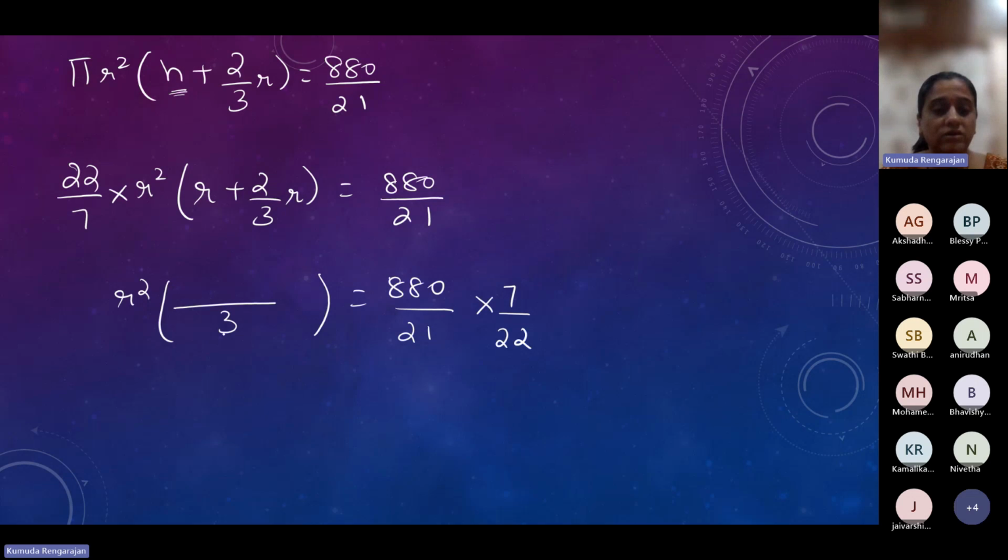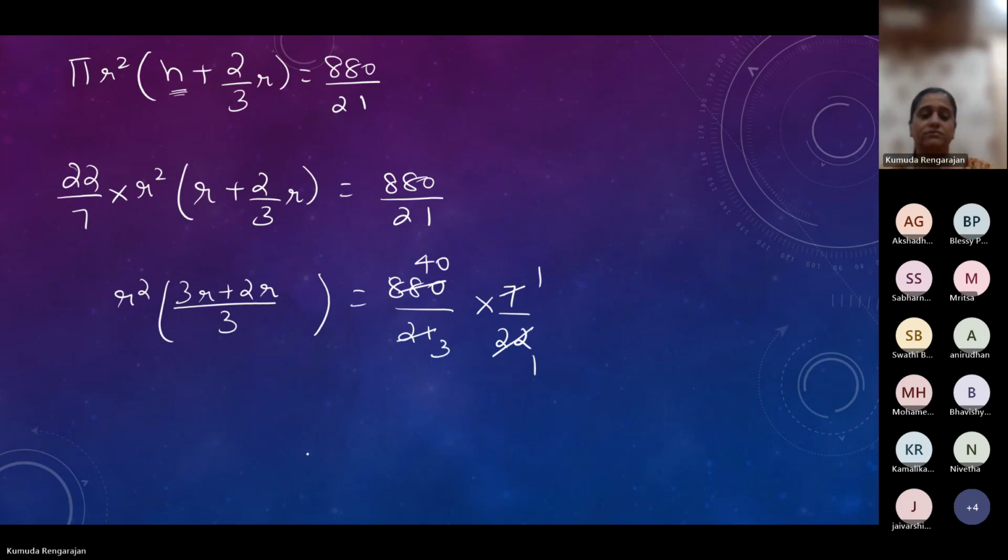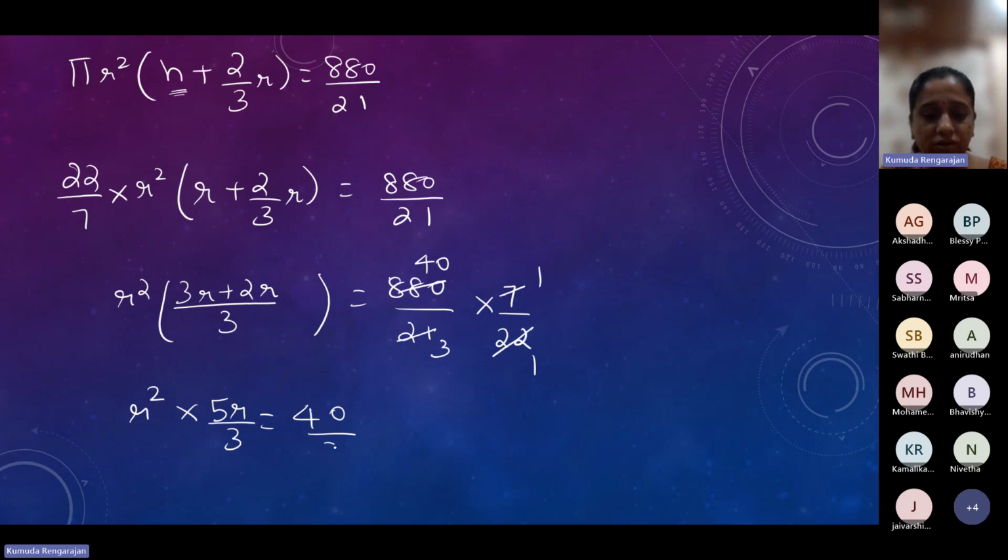Now R square, and 3 is the common denominator, so you have 3R plus 2R. Then 22 ones are 22, 22 40 times, 7 ones are 7, 7 threes are 21. So we have R square into 5R by 3 is equal to 40 by 3.